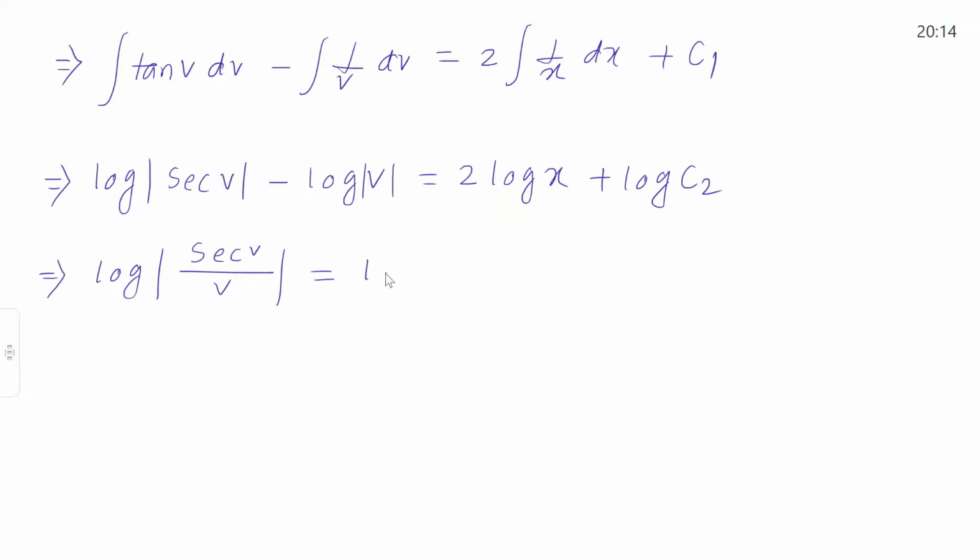I can write this as log of numerator is x square into c2, or c, I have said it already.